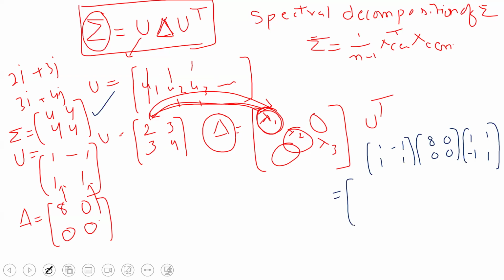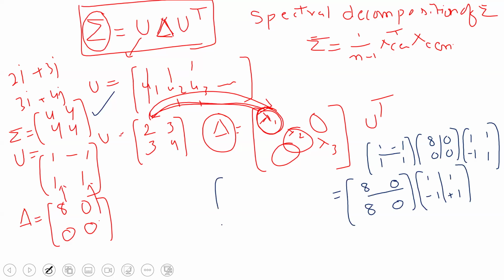So if I multiply this, 1 into 8 is 8, 0. This becomes 8 minus 0, so this becomes 0, this becomes 8, this becomes 0, and this is multiplied with 1, minus 1, 1, 1.